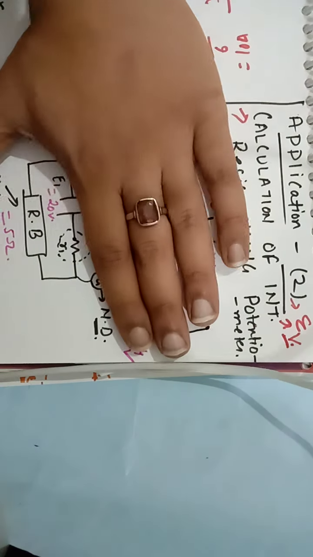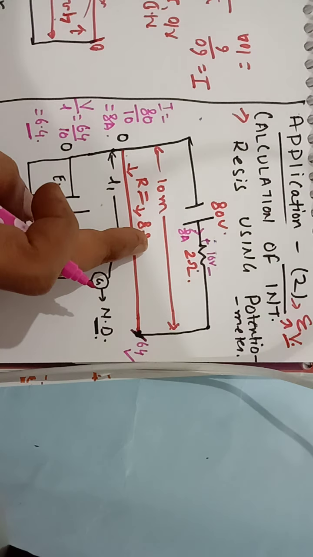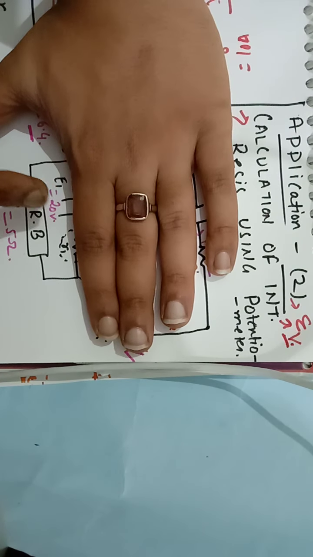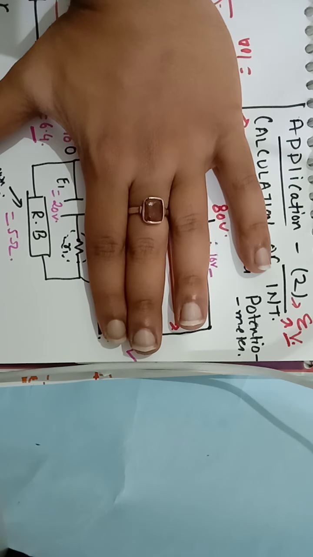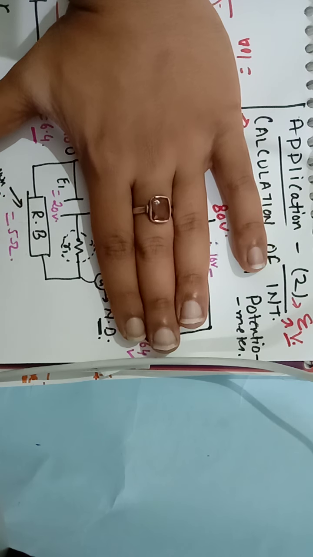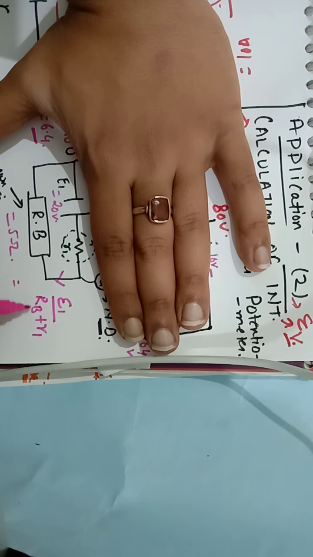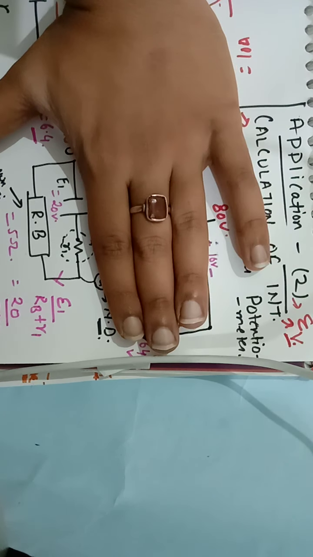In this circuit, I1 will be E1 by RB plus R1, right? RB is the resistance box, this is R1, this is the known voltage. So it will be 20 by (5 plus R1), right? Am I right?